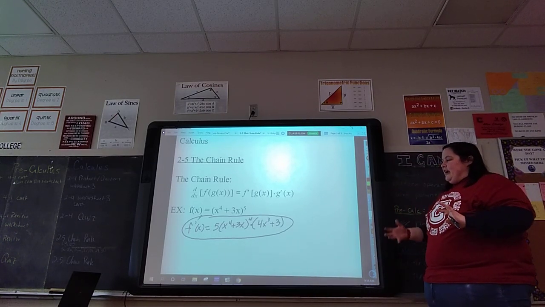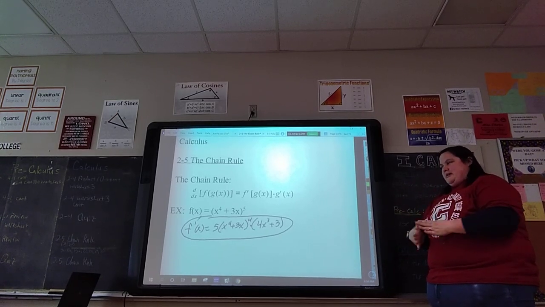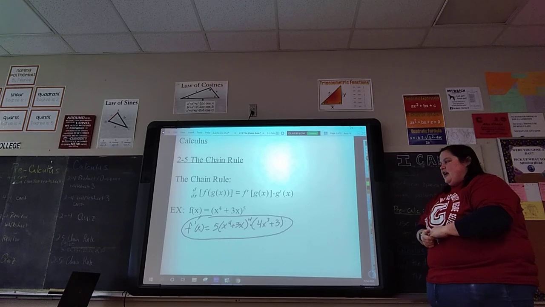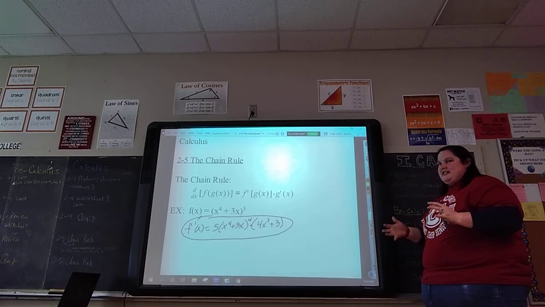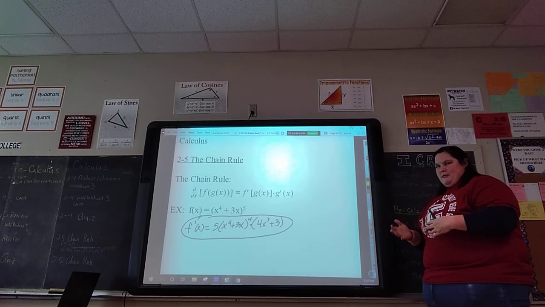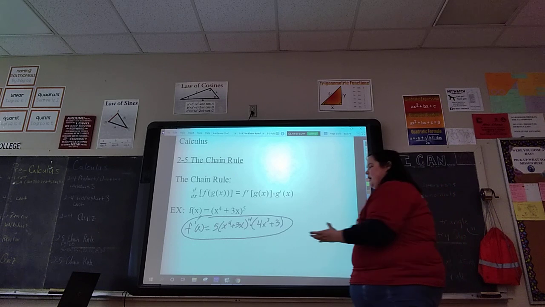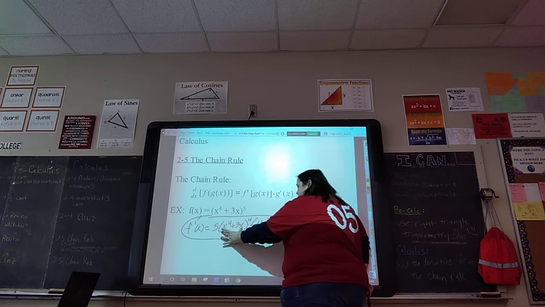Now, one thing, I always say there actually are a couple of things we could simplify, and I'll talk about that here in a second, but I would rather you leave it unsimplified than simplify wrong. Because with the chain rule, it makes it a little more challenging to simplify because we have two parentheses. We actually can't multiply these together.